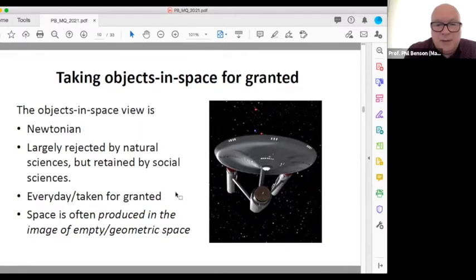Now, to add something to this, which I think is rather interesting in the context of linguistics, is the idea that space is often produced. One of the reasons why it's difficult to unsee this view of space is that space is very often produced in the image of an empty or geometric space.